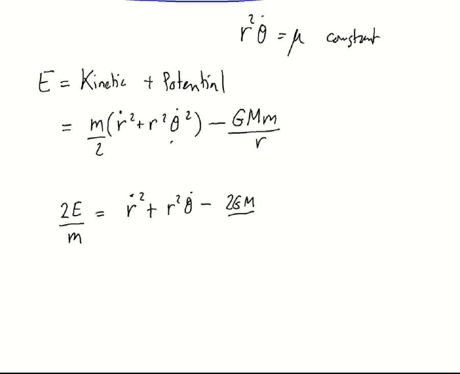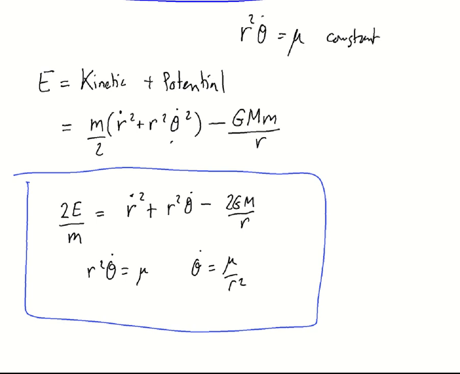So multiplying out, basically what I've done is I've got rid of the stuff in front of the derivatives. So we've got that, and we've got r squared theta dot equals mu, which means that theta dot is equal to mu over r squared. And so here what we have is essentially our equations of motion.